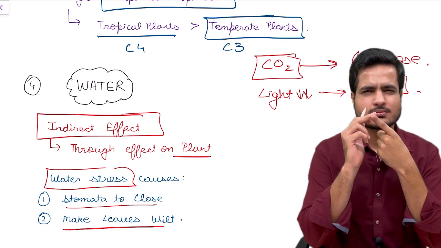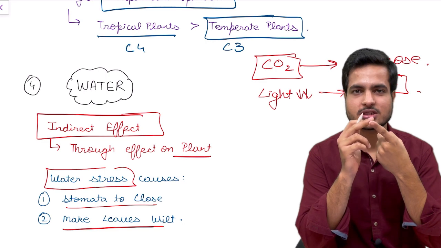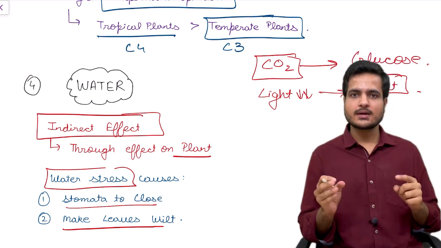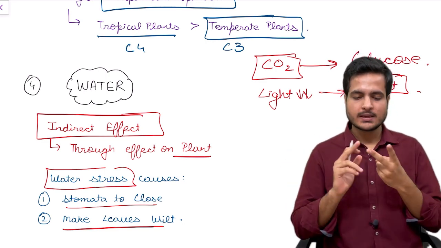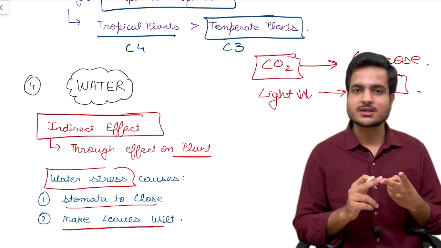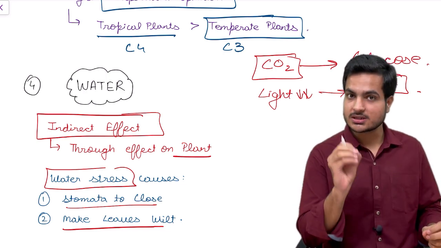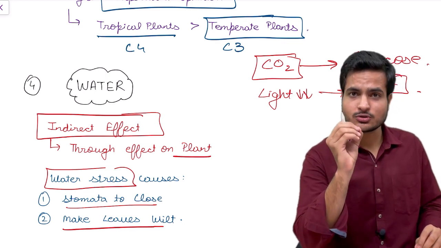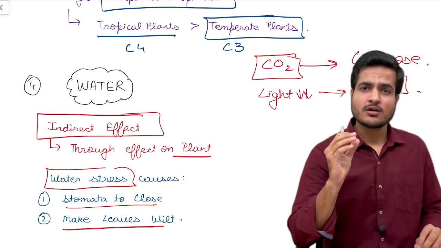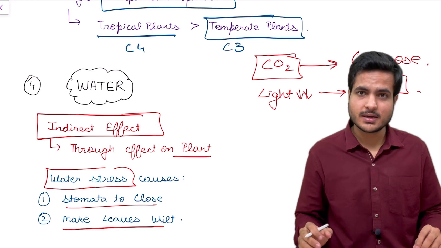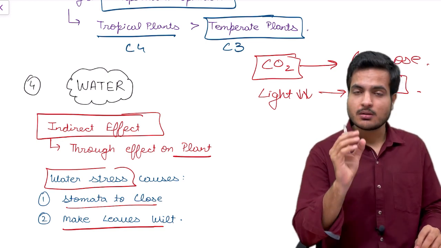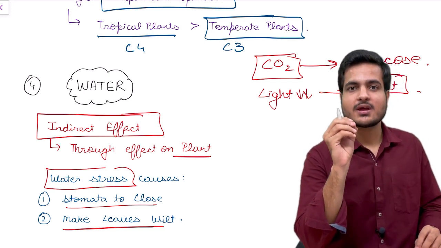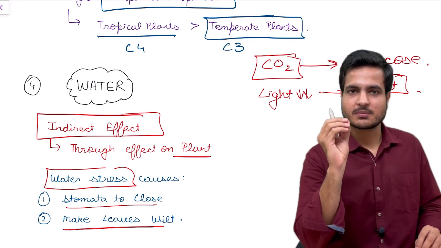Light, which is rarely a limiting factor just because at 10% of the total sunlight plant says that I am full. Second factor was carbon dioxide concentration, and carbon dioxide is a major limiting factor. We have discussed that the carbon dioxide saturation is achieved at more than 450 parts per million for C3 plants, but for C4 plants it is achieved at more than 360 parts per million only.